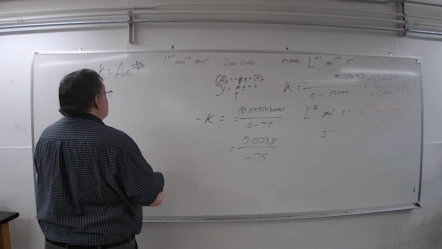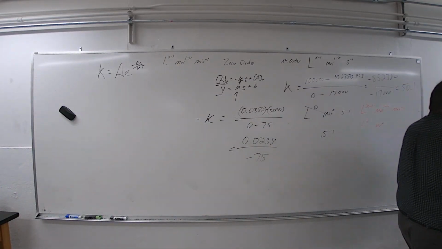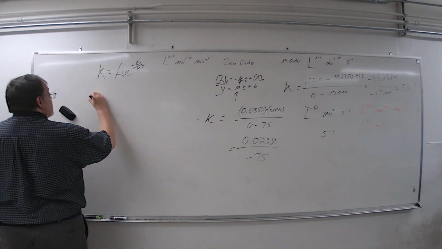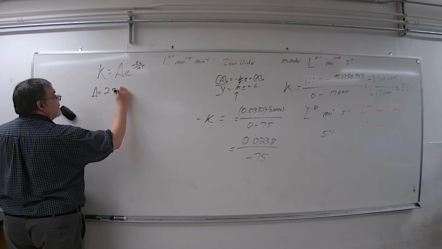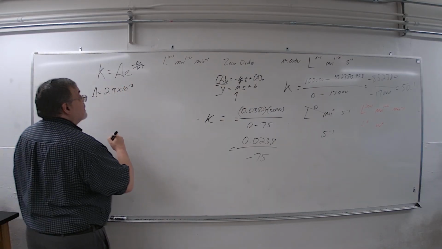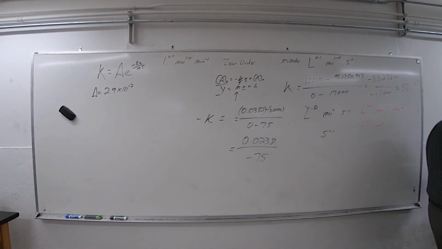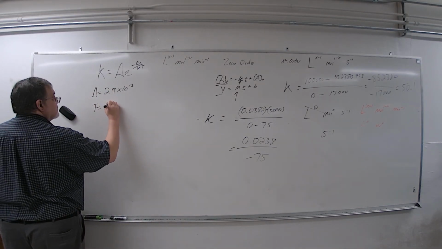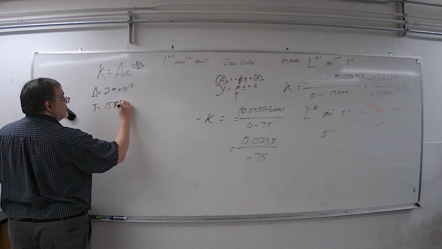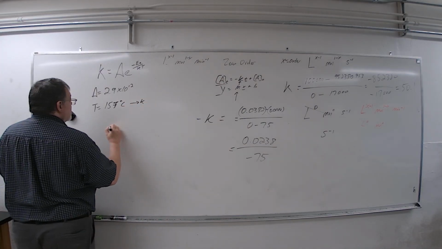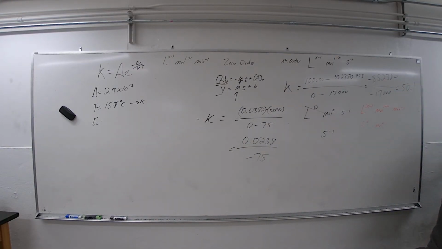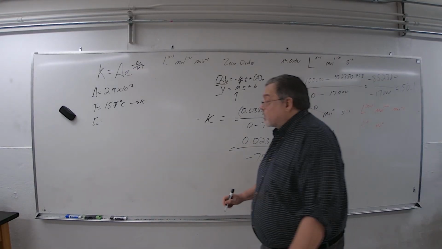KT. And we're given frequency factor 2.9 times 10 to the 12. We're given 157 degrees C. Gotta make that into K. 49.2 kilojoules per mole.